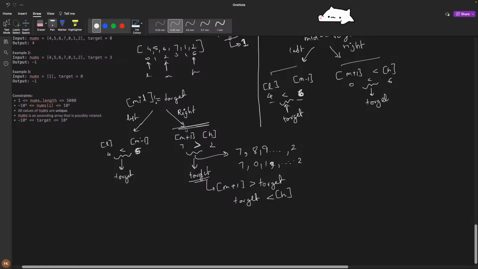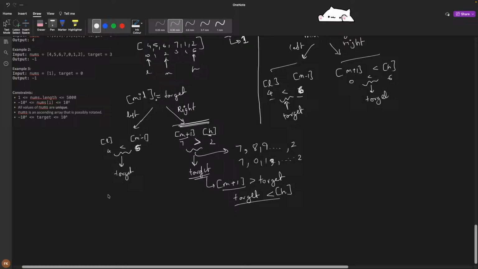When there is an inverse and mid is higher than the highest element, then we check if the target is greater than mid plus 1 and less than this one, then we choose this.